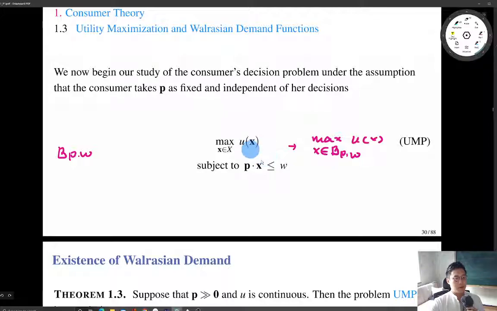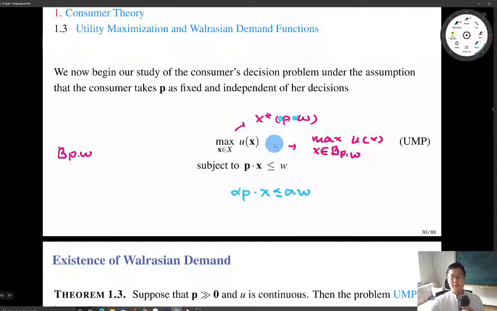The intuition goes back to the UMP. This is the original UMP, and the solution to this problem is denoted by x star of p and w. Now what is x star of alpha p and alpha w? If we take a look at the objective function, it does not depend on p and w, so we still have the same utility function. The only change occurs in the budget constraint. Now the budget constraint becomes alpha p dot x less than or equal to alpha w.